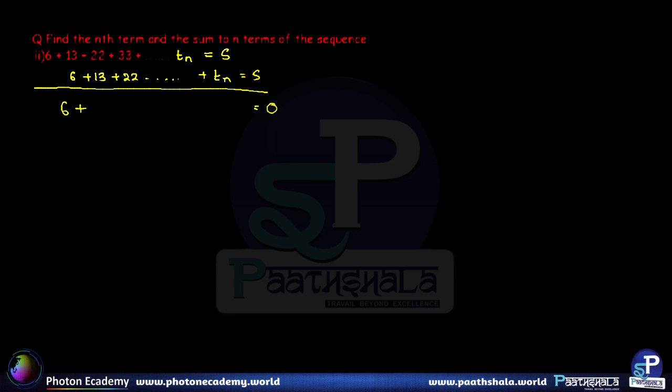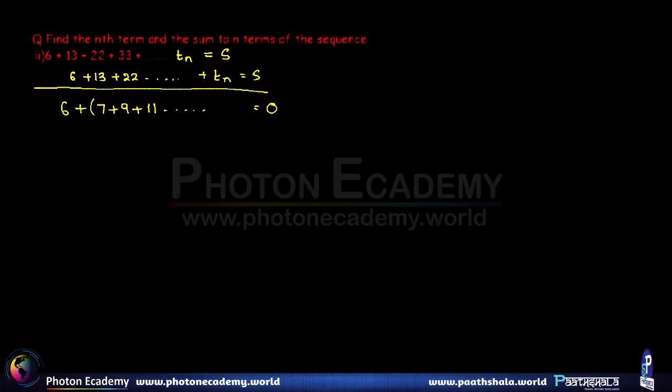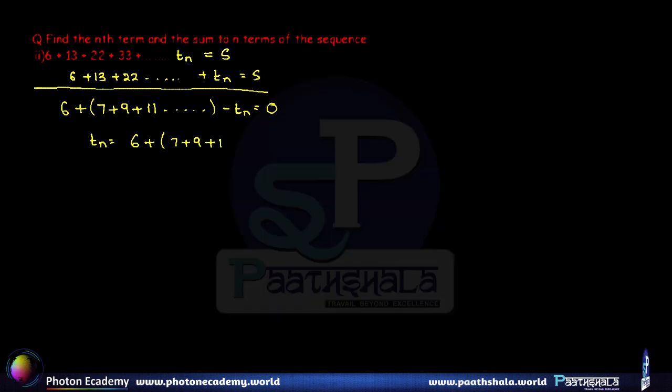Then we have plus 13 minus 6 is 7, then 9, then 11, and it will go on, and then we are left with minus Tn in the end. So Tn is equal to 6 plus 7 plus 9 plus 11.